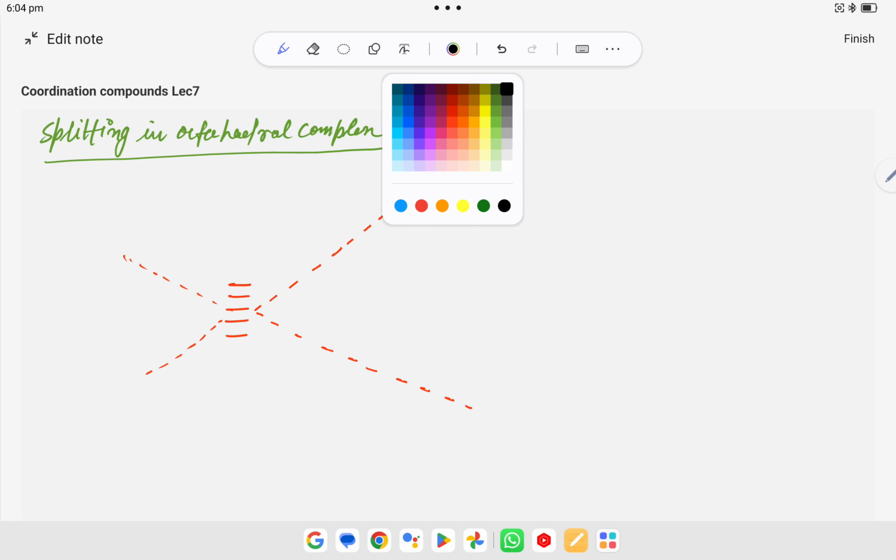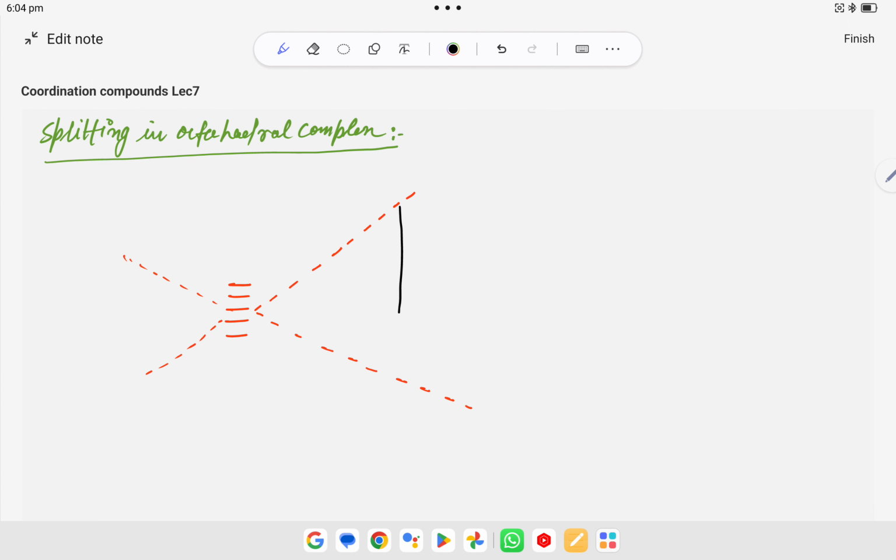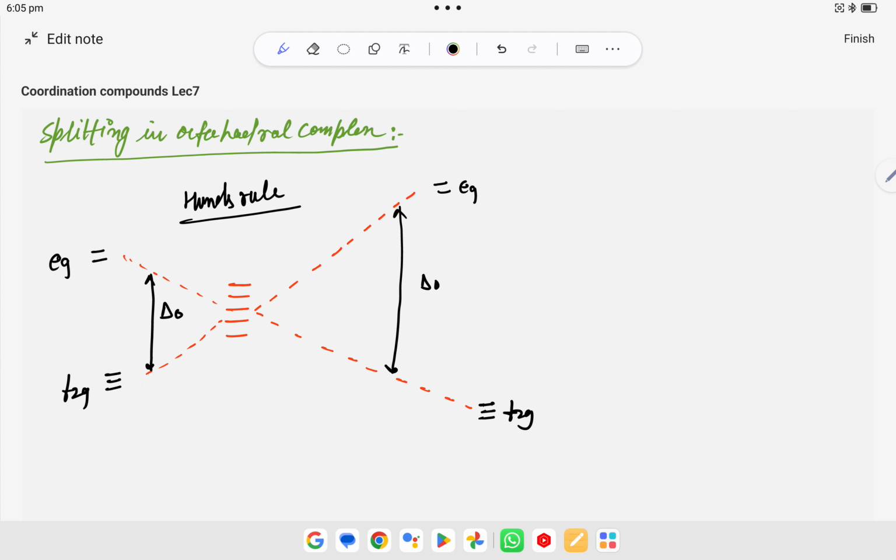So check it. Here this is delta naught, and here this is delta naught. 3 orbitals T2G, 2 orbitals EG. Similarly here T2G, here EG. So filling of electrons according to Hund's rule. Hund's rule followed.